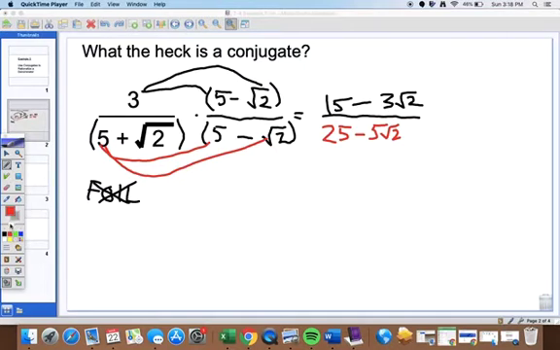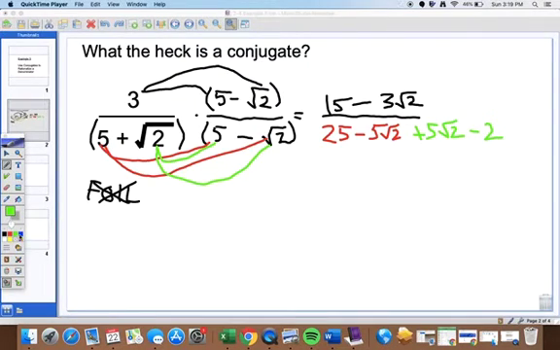Now I'm going to switch colors and multiply the square root of 2 times both of these items. The square root of 2 times 5 gives me plus 5 times the square root of 2, because positive times positive is positive, and then minus, because the square root of 2 times the square root of 2 is 2, and you have a positive times a negative.